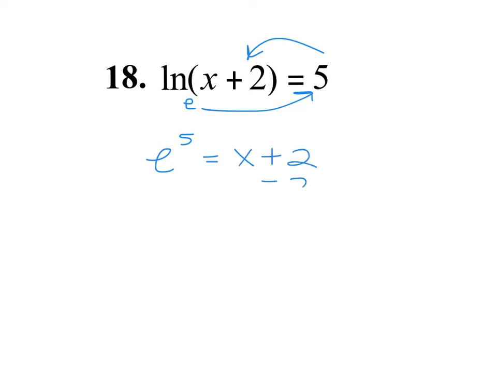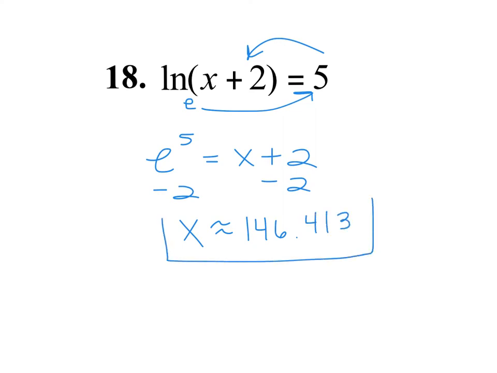Just subtract 2. And again, you can just plug that into your calculator, but make sure you get out of the exponent. So second e to the fifth power, but then arrow over and subtract 2. And you should get 146.413.